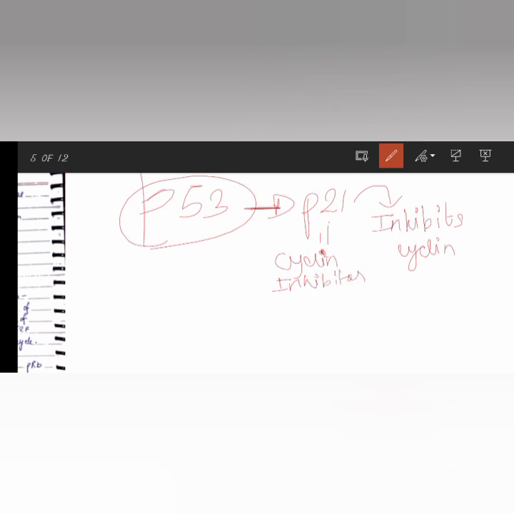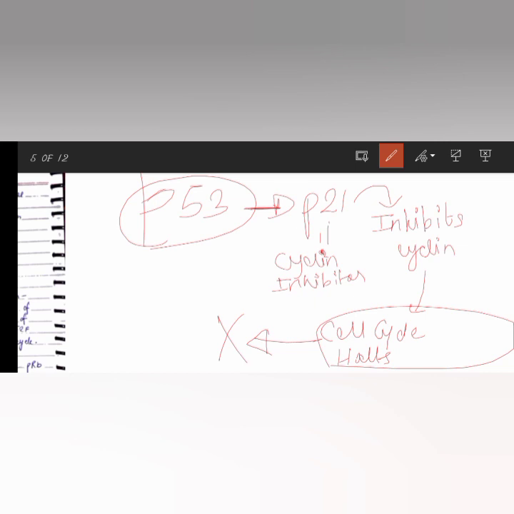After the cyclins are inhibited, the cell cycle is halted, or stopped. It will not progress further. This is the role of P53.